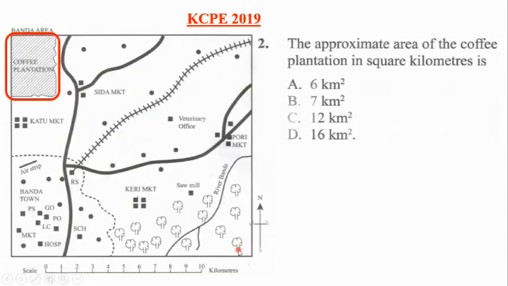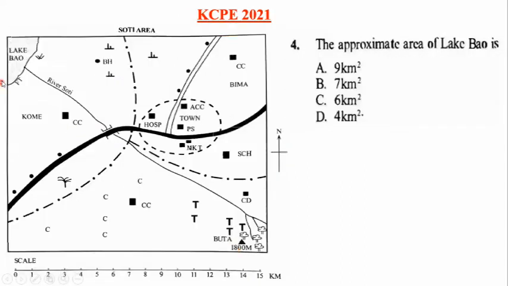This time round, they brought the same feature but took it the other way, but it is still a right angle triangle. So if you have the knowledge of working out the area of a right angle triangle, you should not have any problem working out the area of features on a map. So this one takes the shape of a right angle triangle.